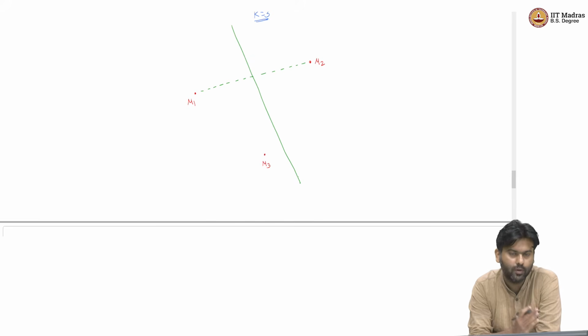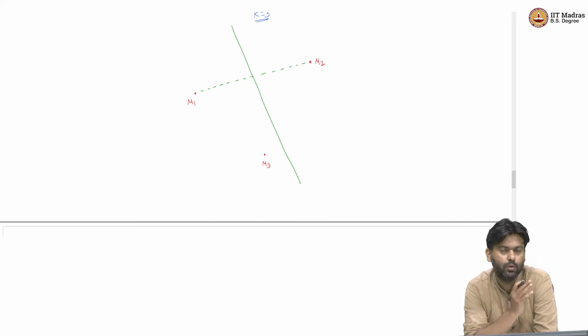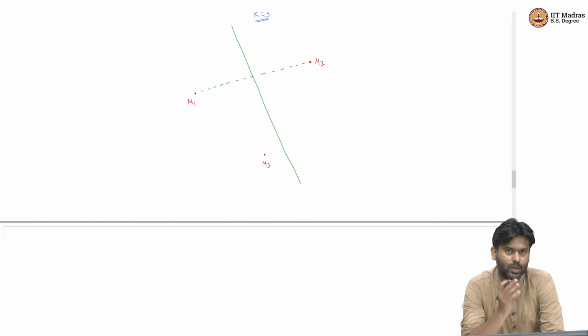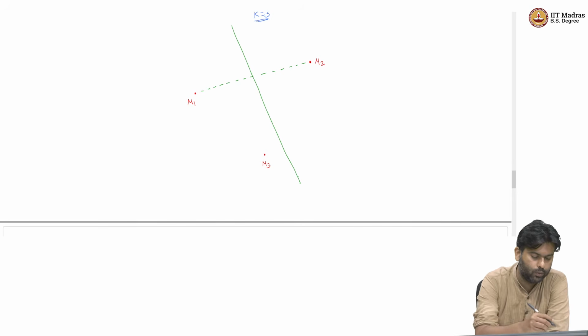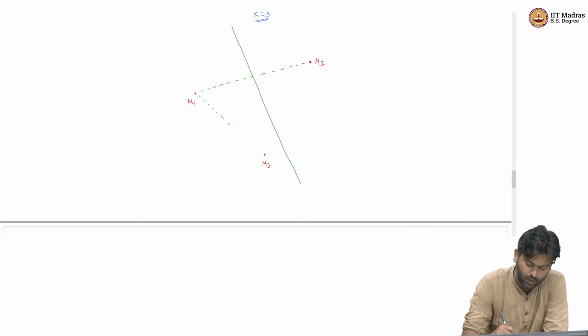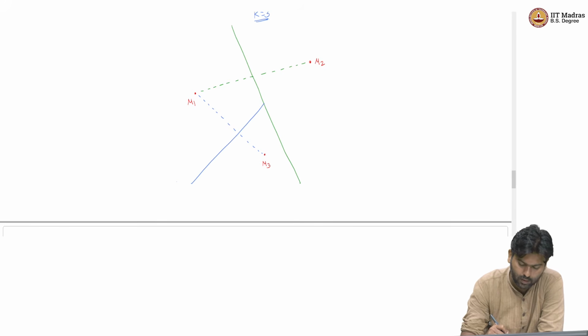Anybody on the left hand side of the green line is closer to mu1 than mu2, but that is not enough to say that a point can be assigned to cluster 1, right? It is also necessary that the point should be closer to mu1 than mu3, which means I need to also look at the perpendicular bisector of the line joining mu1 and mu3, and that may be somewhere like this, and it can go further.